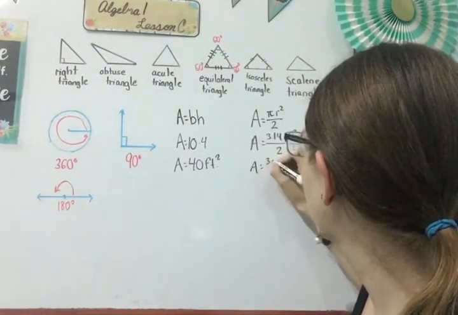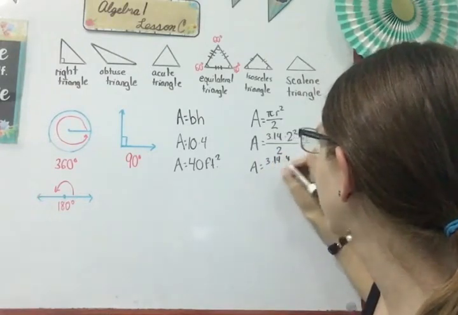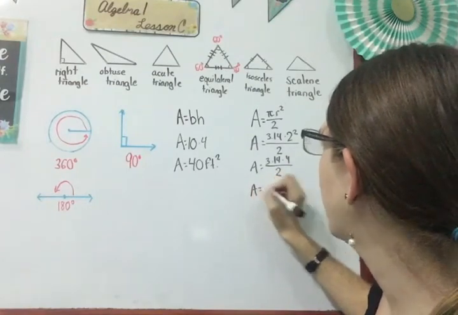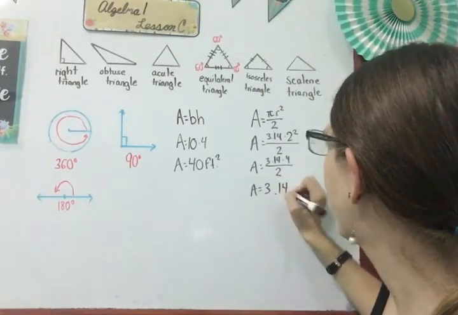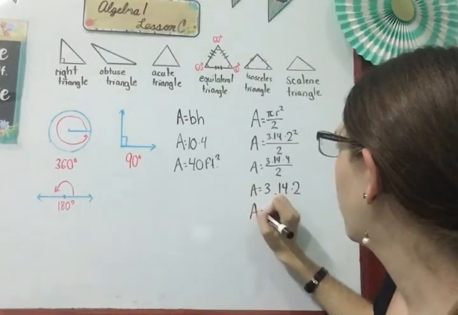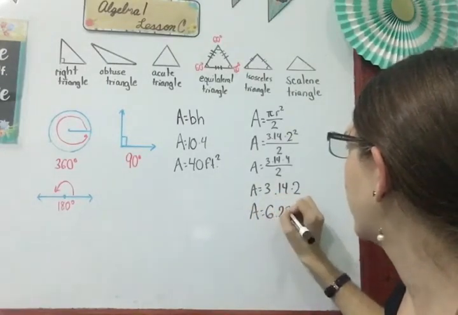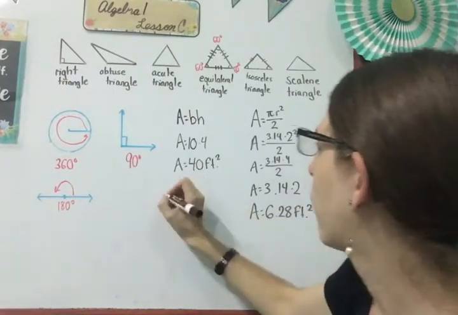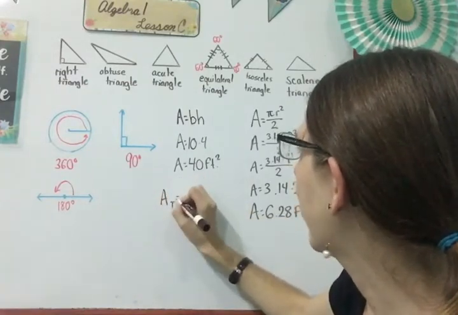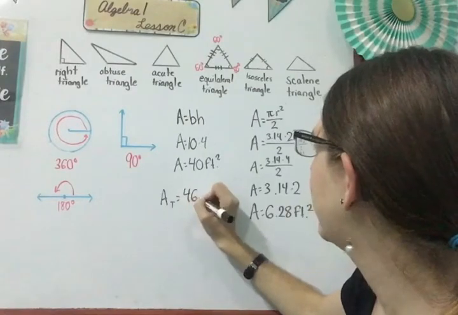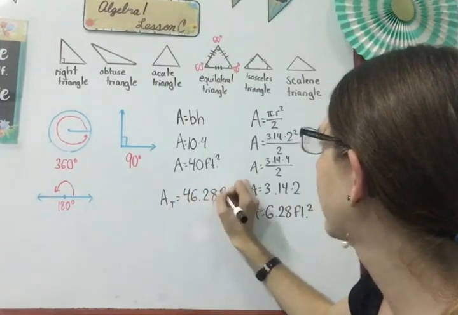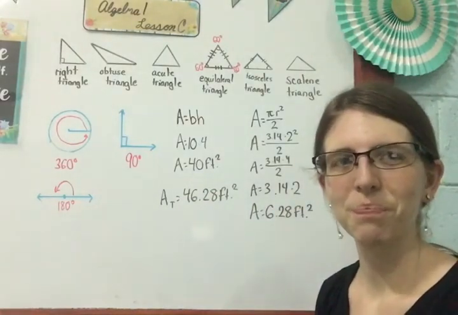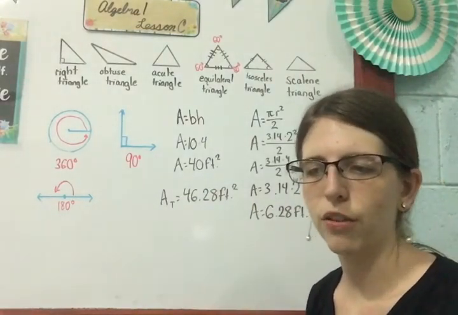So you have 3.14 times 4 divided by 2. We can go ahead and divide that 4 by 2, so that gives us 3.14 times 2, which then gives us 6.28 feet squared. That we add to our 40 for a total area of 46.28 feet squared. Okay? So that's how you get your answer for the first problem.